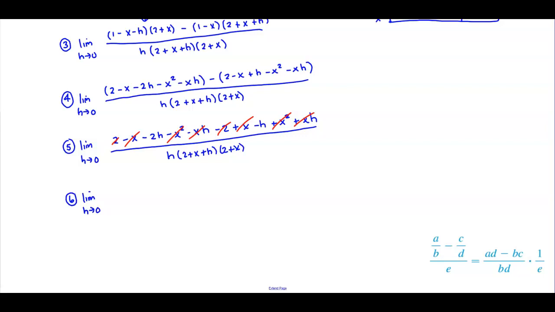We have the limit as h approaches 0. We can combine minus 2h and minus h, which gives us negative 3h, divided by h times 2 plus x plus h times 2 plus x.